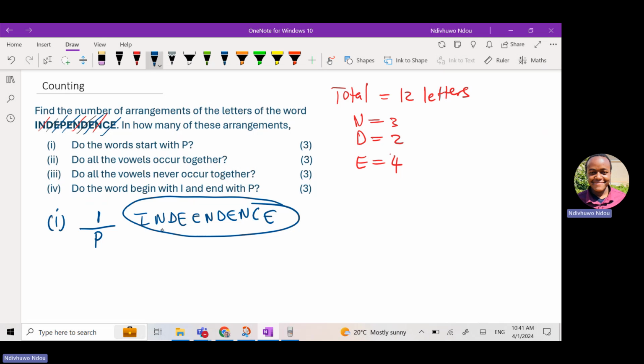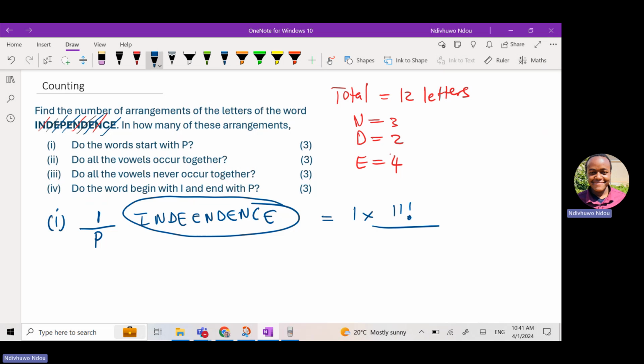So if we're starting with P, that's one way. Then for the rest of the letters, from 12 we'll be left with 11 of them. So this can be arranged in 1 times, where 1 is for P, times 11 factorial because we have 11 letters, divided by the factorials of the repeating letters, so that we don't count the same letter twice.